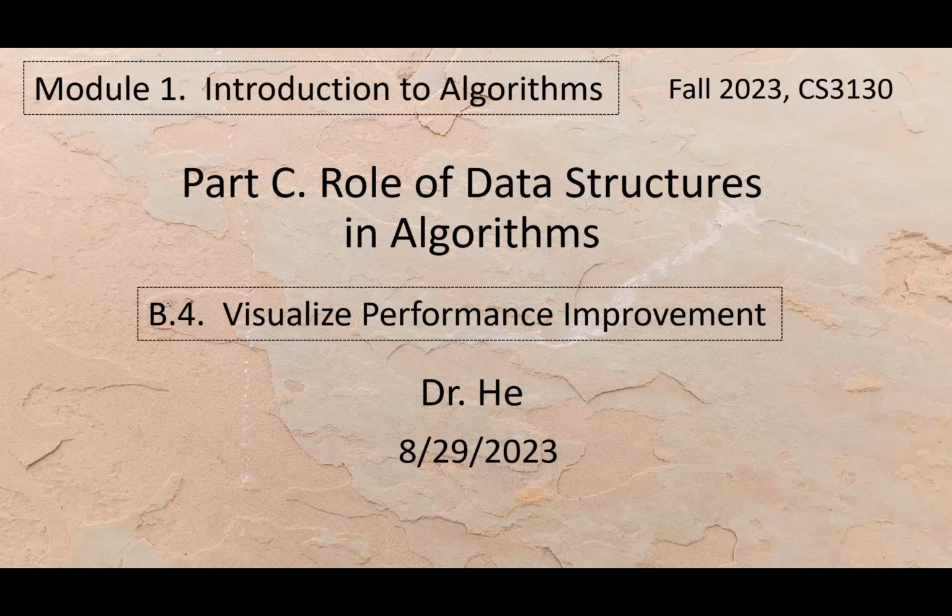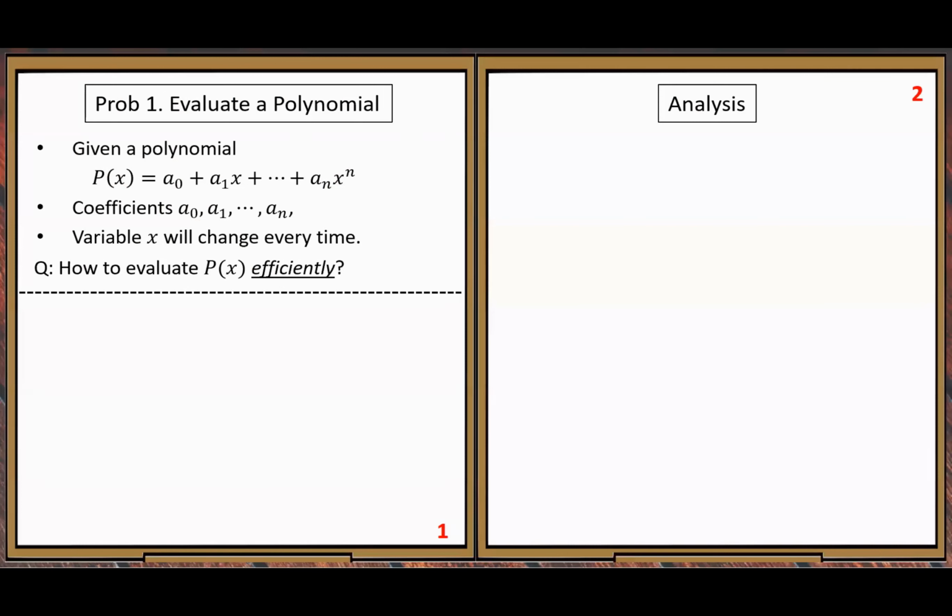In our programming project number 1, you need to write a program to compare how much the difference is. So with visualization, I try to find a way to let you see the difference.